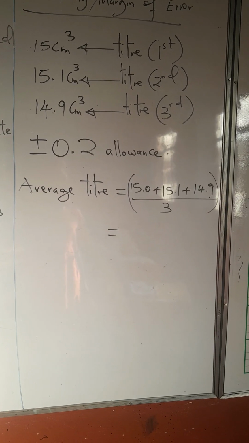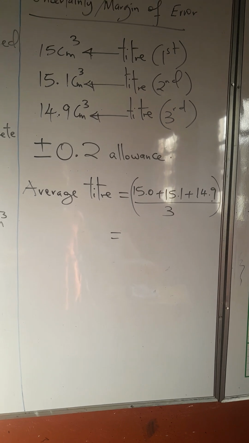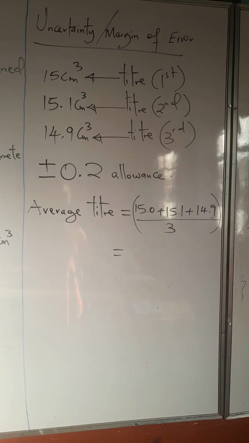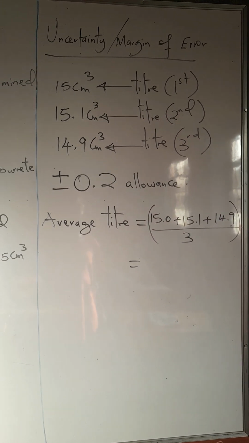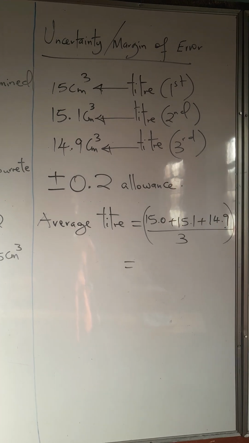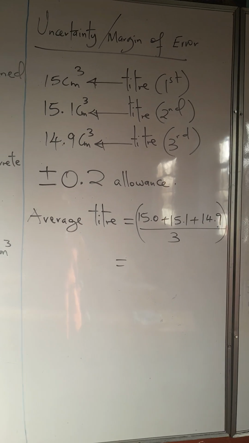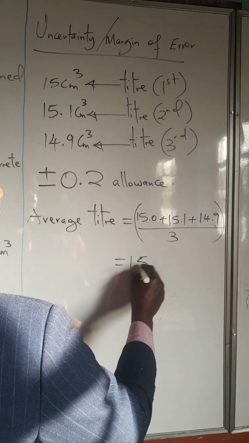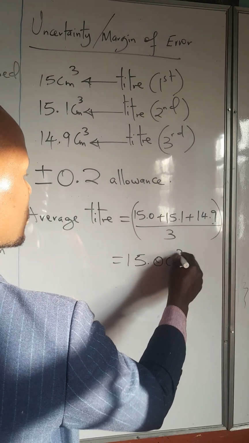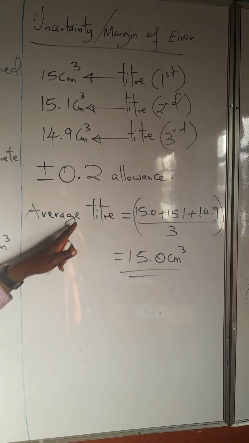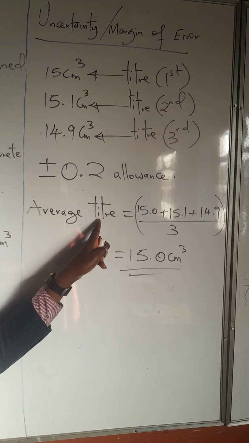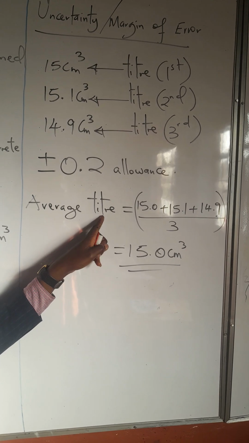And this one gives what? This one gives exactly 15.0 cubic centimeters. So this is the average titer, the average volume of the burette that has been used in the reaction.